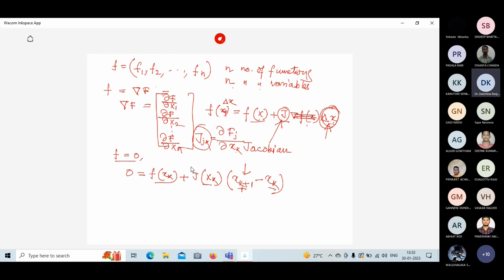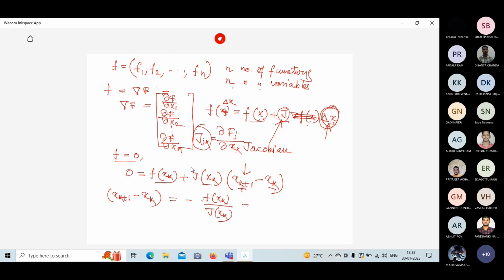Now we will rearrange this equation. We write xk plus 1 minus xk on the left hand side, and on the right hand side we write f of xk by j of xk.